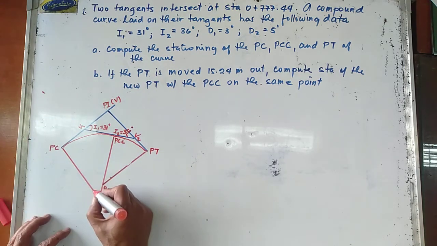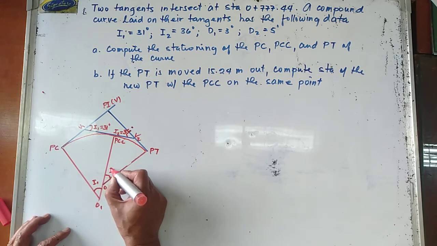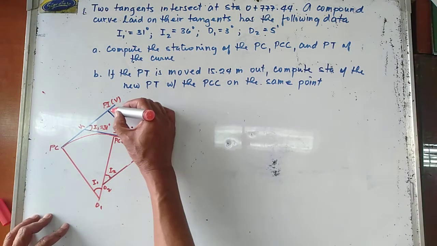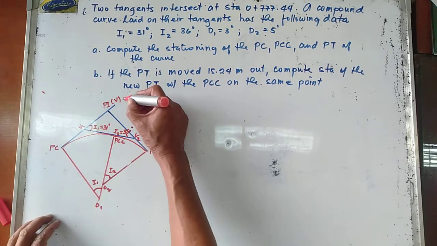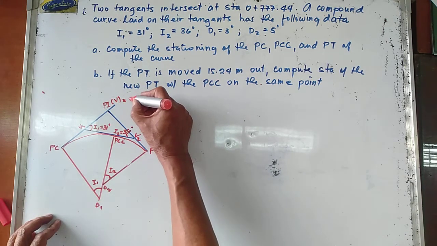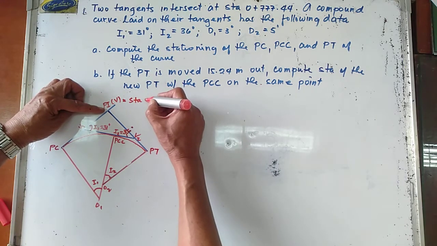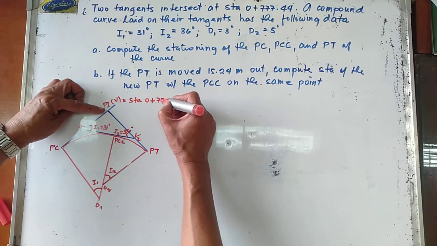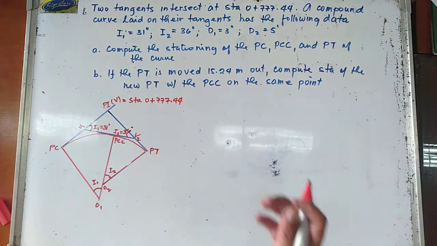These two tangents intersect at station V, and the stationing of this intersection is station 0 plus 777.44.